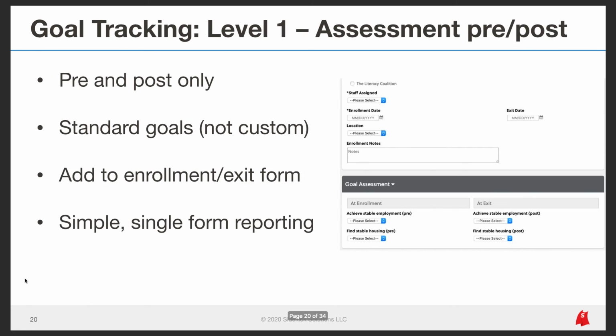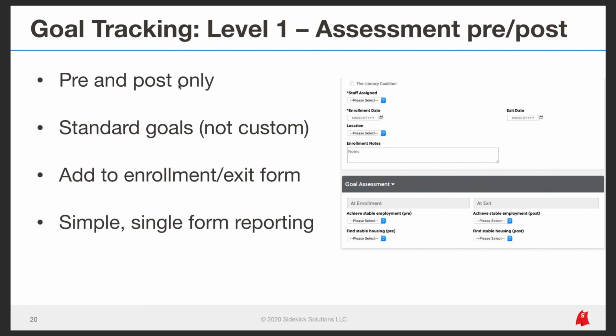All right, so now let's take a look at goal tracking. So first, goal tracking level 1, which is more of an assessment of pre-post. This is something where you could track a goal assessment on the enrollment and have a pre and post goal assessment. So in this case, achieve stable employment pre, achieve stable employment post.